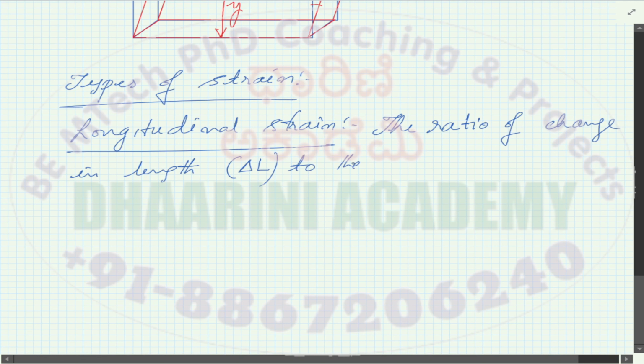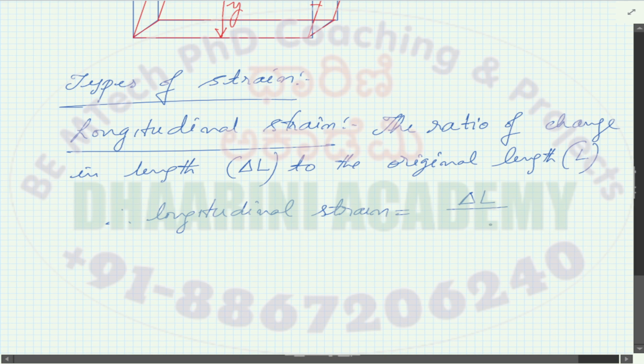To the original length L of any given body is called longitudinal strain. So we will call therefore the longitudinal strain is equal to delta L divided by L. That's all. Okay, first type is over.